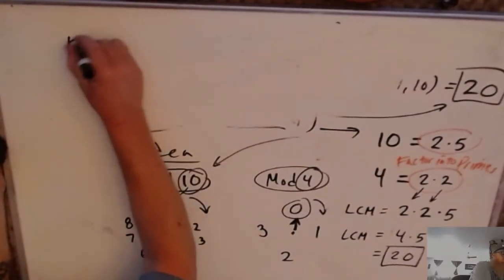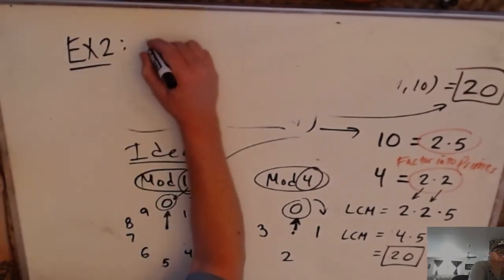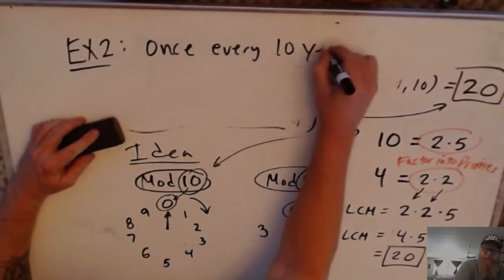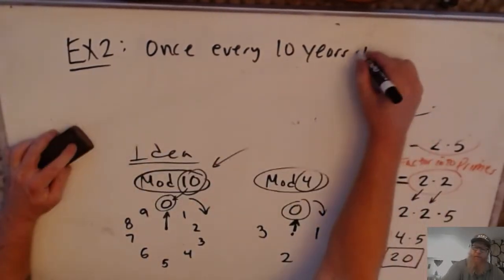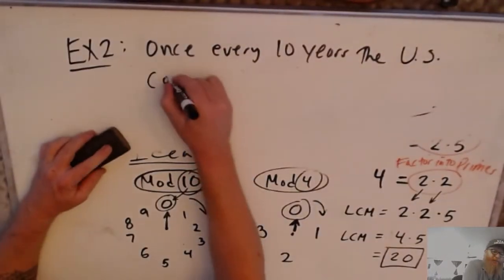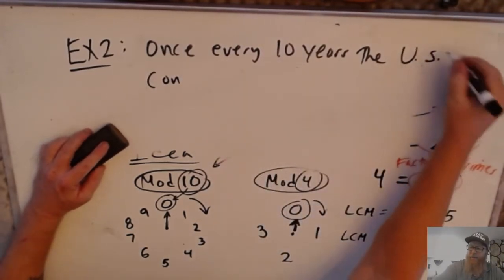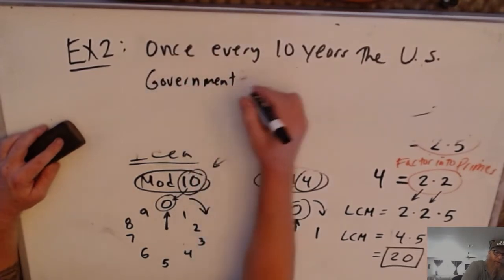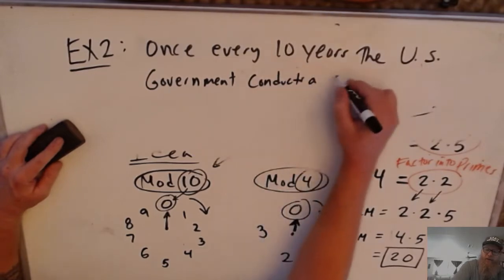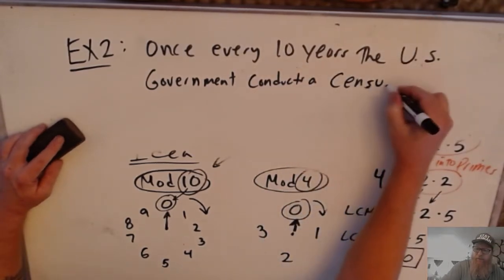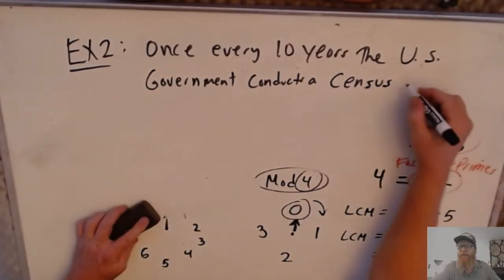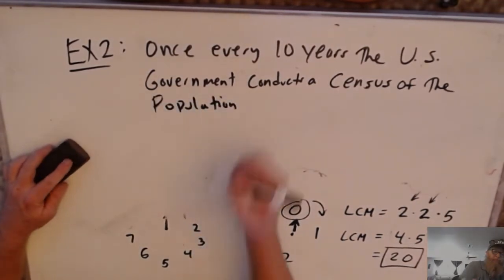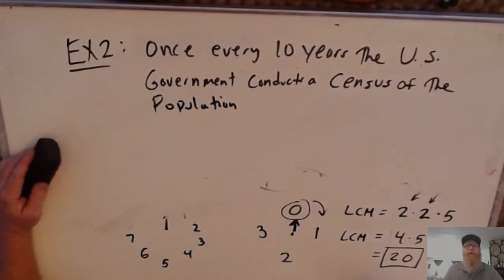Let's do an actual real-world example. Once every 10 years, the United States government conducts a census of the population. In other words, counting the number of people that live in the United States.